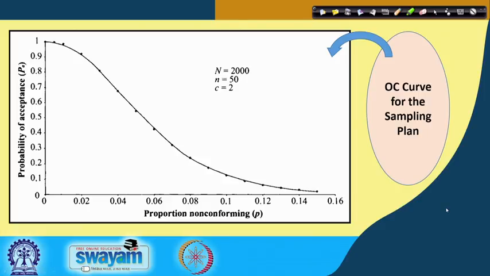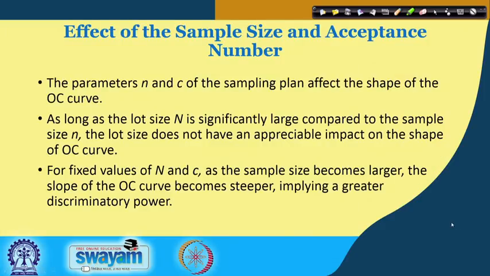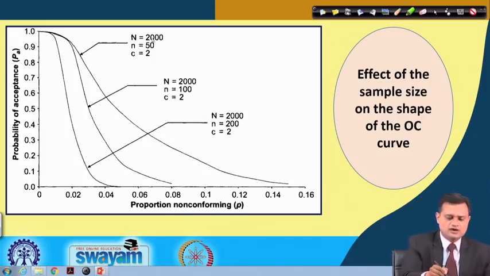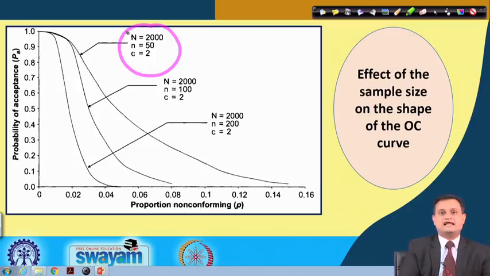Once you have appreciated this, you can also see the effect of sample size and acceptance number. I can change my sample size, I can change my acceptance number, and I can see what its impact is on the discriminatory power, meaning the slope of my OC curve. Just see this and the idea will be extremely clear. You have a sampling plan where N is equal to 2000, n is 50, c is equal to 2.